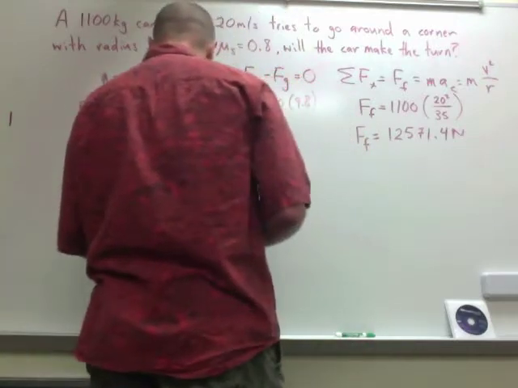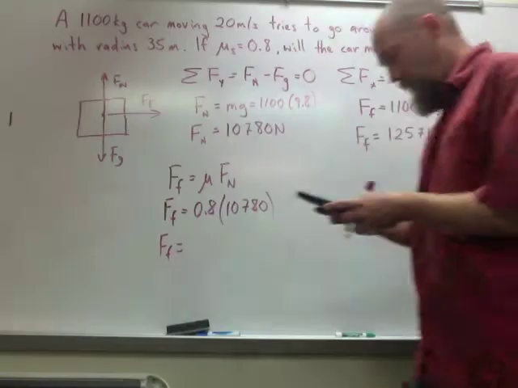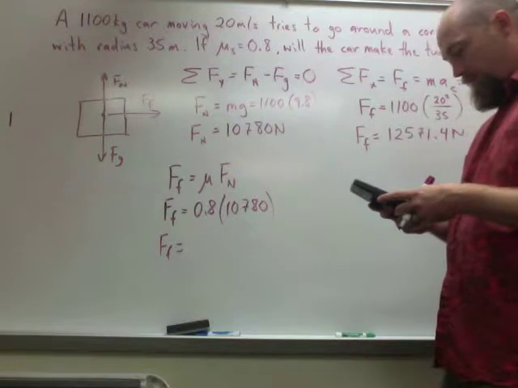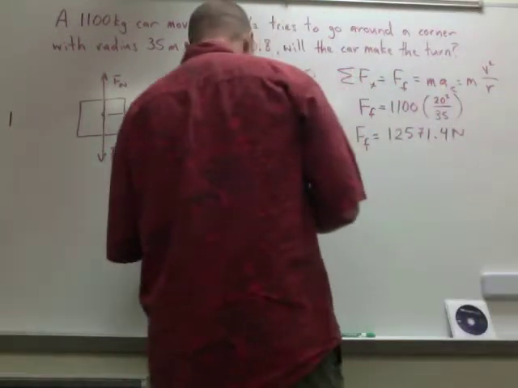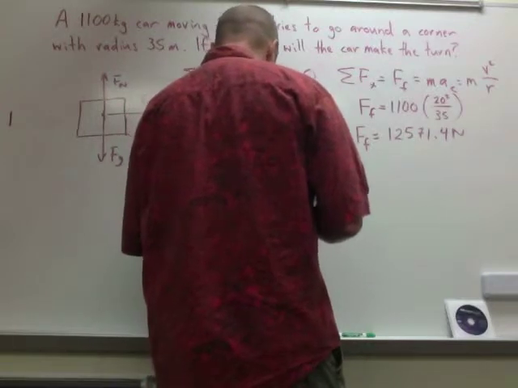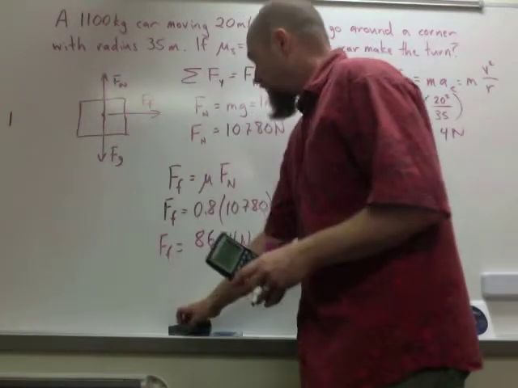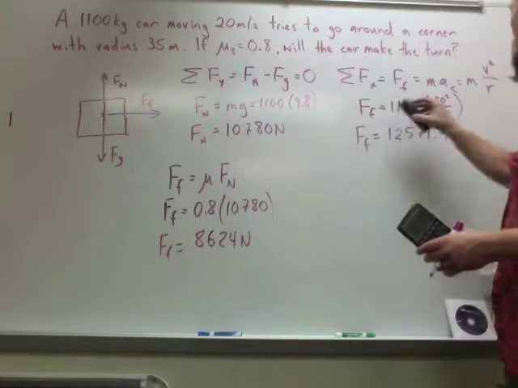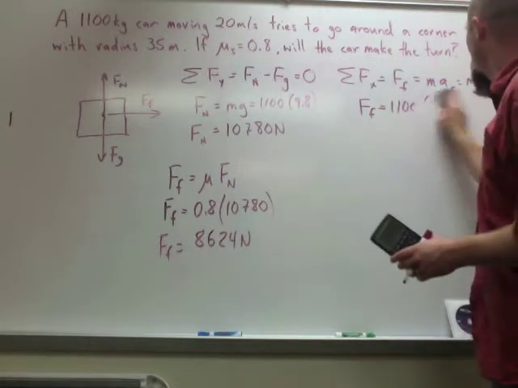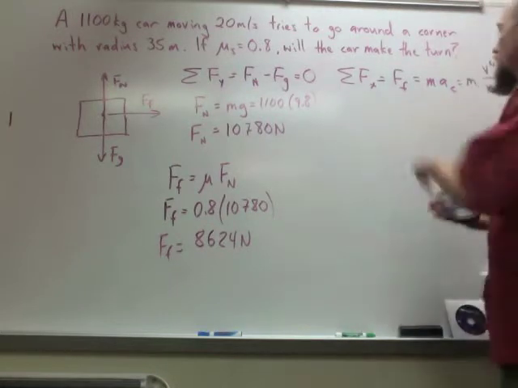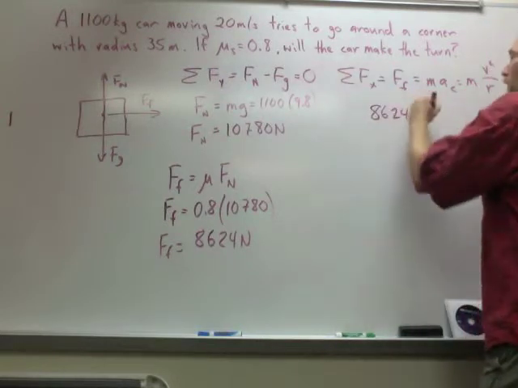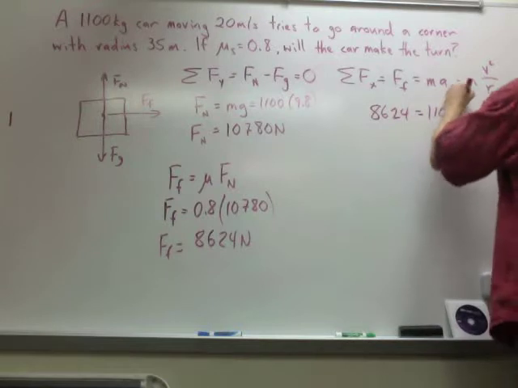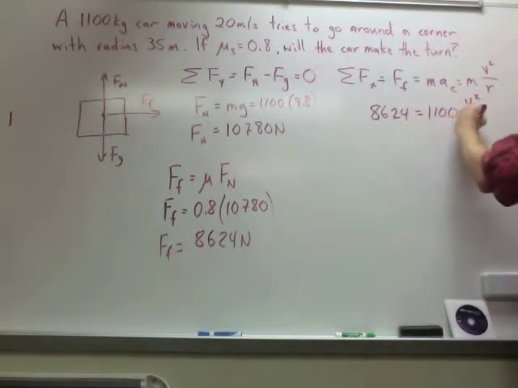So the force of friction I have available to me is 8,624 newtons. If I plug that in over here instead, my Ff is going to be 8624, my mass is 1100, v is what I'm looking for, and my radius of the turn is 35.